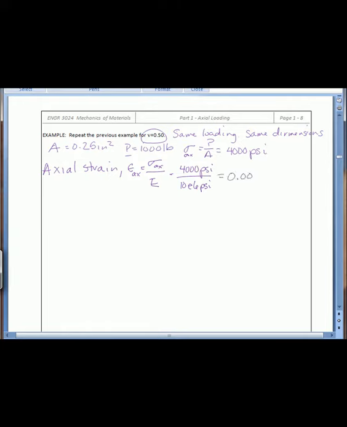That gives you a strain of 0.004, which is the same as before.